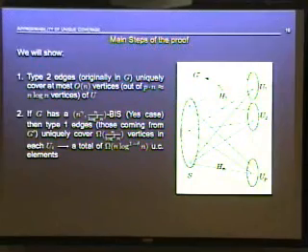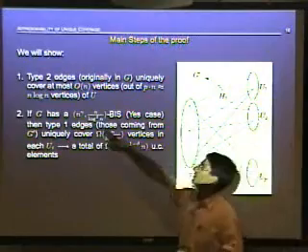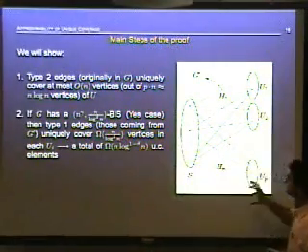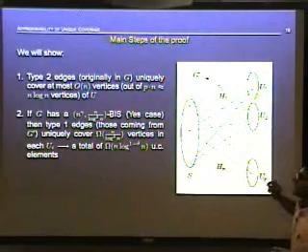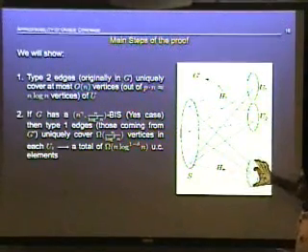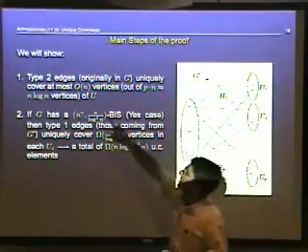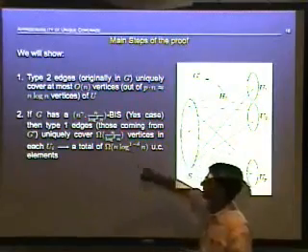Then we show that if we have a large bipartite independent set, and by large I mean of this size on the left and this size on the right, then for each of these copies, a constant fraction of these vertices are uniquely covered.